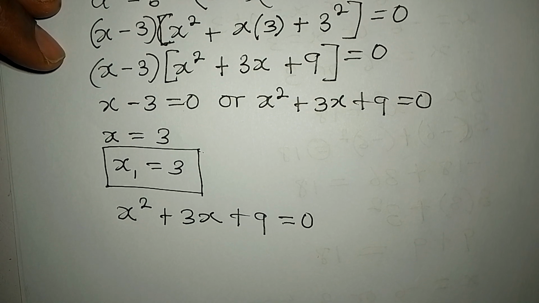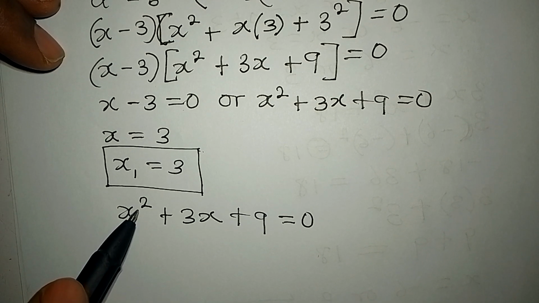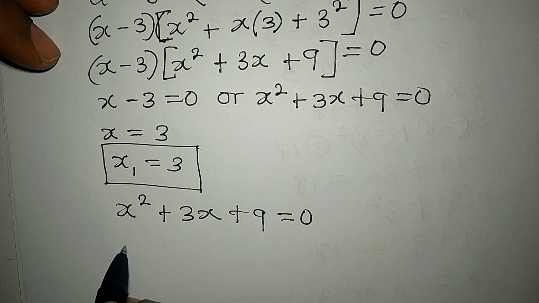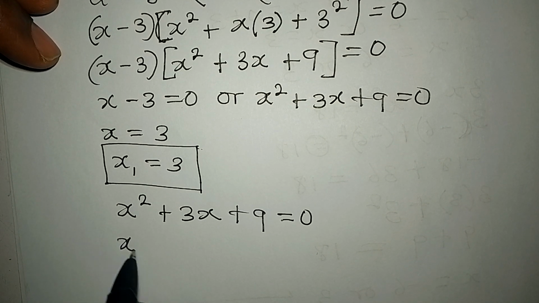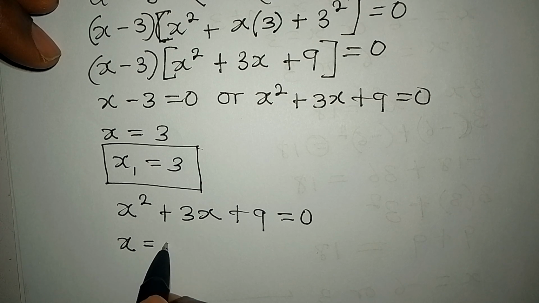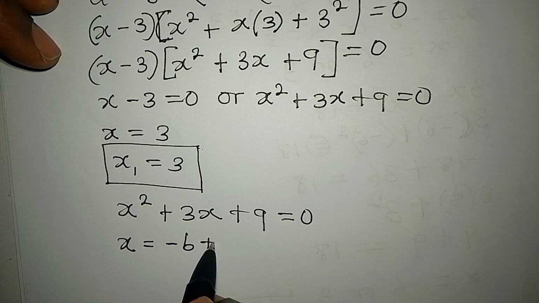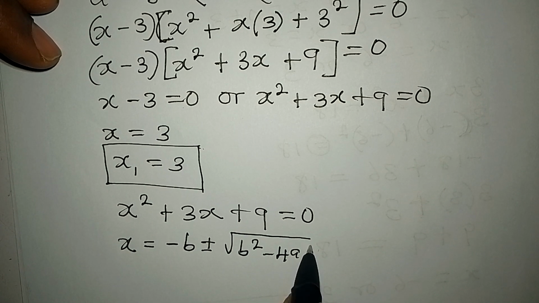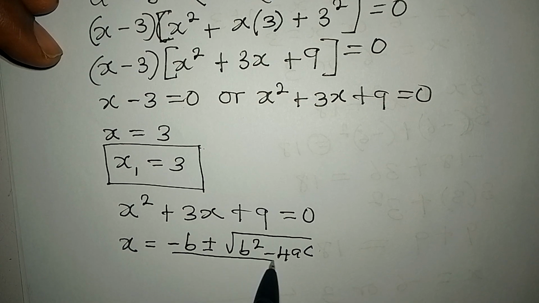Now let's solve this. Because the power is 2, we're going to have two solutions. I believe you know that. Now what formula do we use? What method rather? Let's use the formula method. x is equal to minus b plus or minus square root of b squared minus 4ac, and this is over 2a.